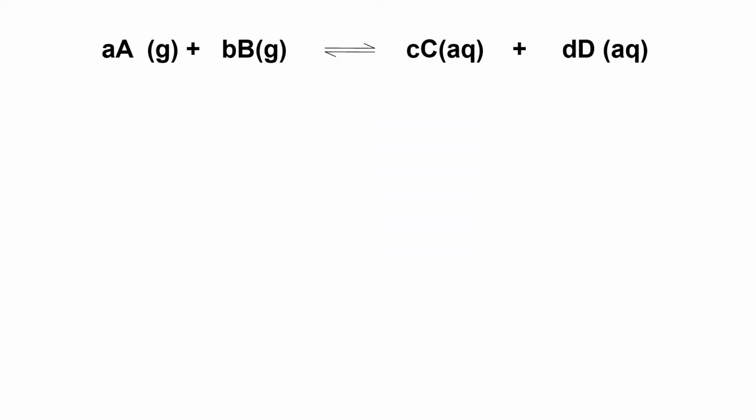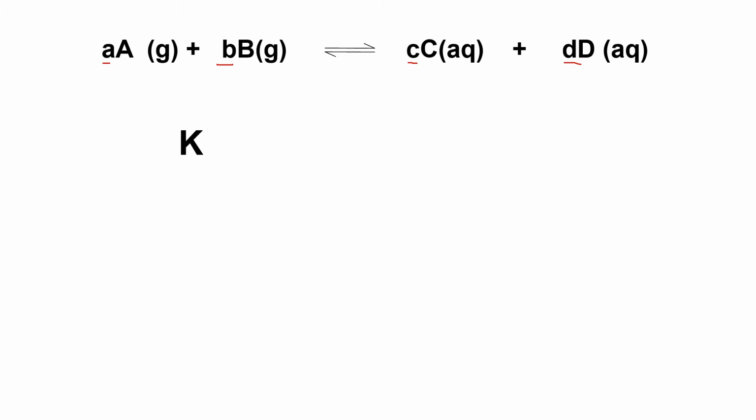Let me show you the relationship between the reactant and product according to the equilibrium law. Let's consider this general equation. Reactant A with coefficient a reacts with reactant B with coefficient b, to produce product C with its coefficient and product D with its coefficient.